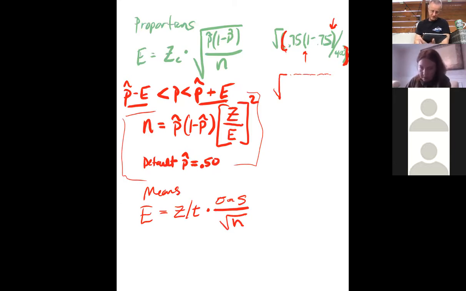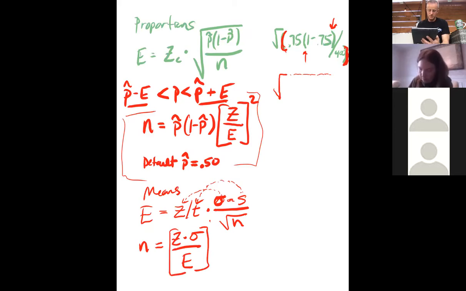And as we saw in that chart I gave you at the beginning, it's z if we're working with the population standard deviation, and it's t if we're working with a standard deviation derived from the sample. But otherwise, the formula itself is the same. And the minimum sample size is z times sigma over e, squared.